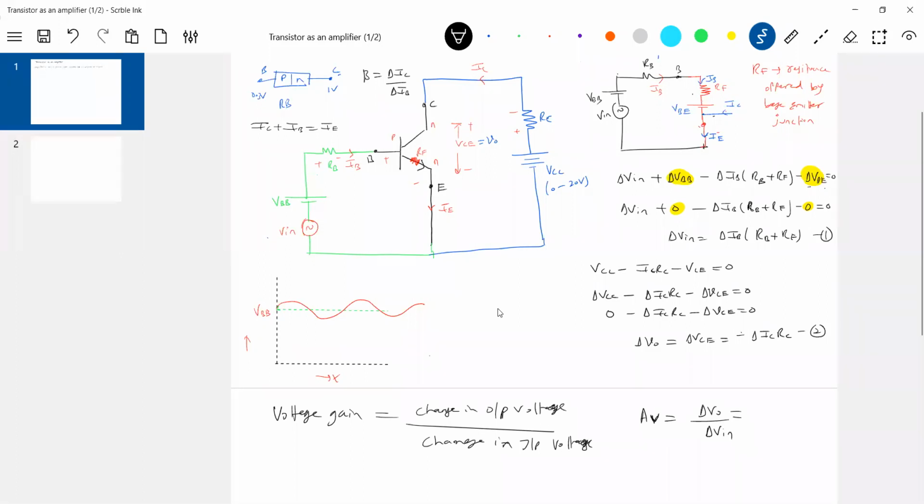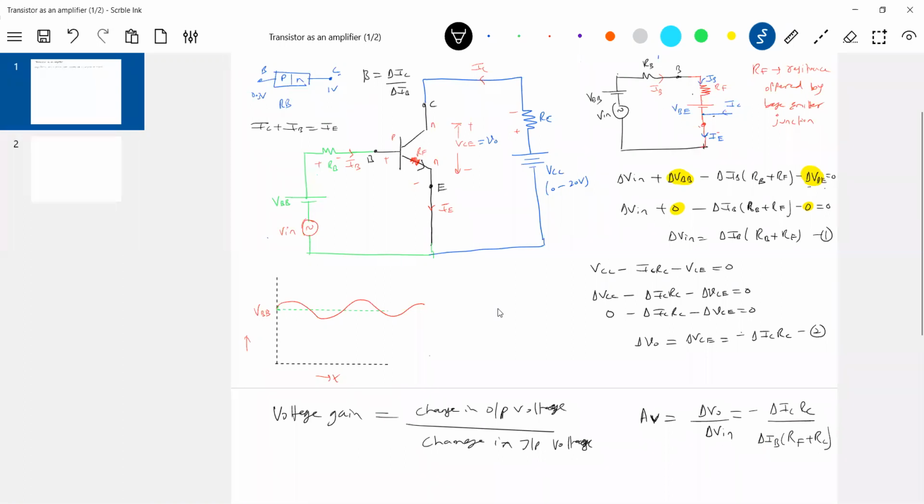So this is given by AV, the voltage gain, equal to delta V naught by delta V in, which is minus delta ICRC divided by delta IB (RB plus RF). What is delta IC by delta IB?